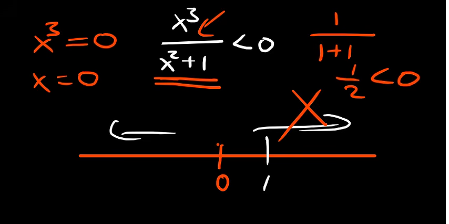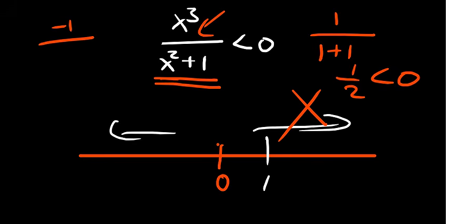We go to the other side and plug in the values. We can get maybe a negative 1 as our smallest value. Negative 1 to the third power will be a negative 1. Whenever you raise a negative value to an odd power, it will still be a negative. So we have a negative 1, and we said that the denominator in this case is always going to be a positive value.